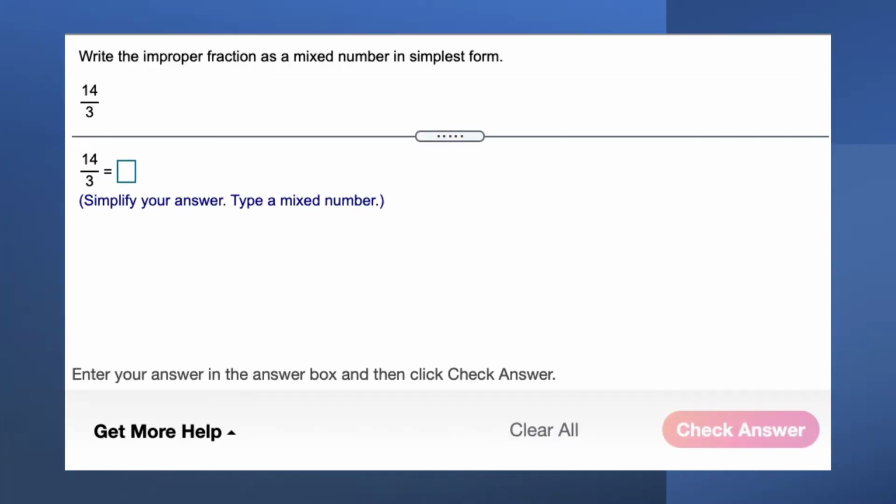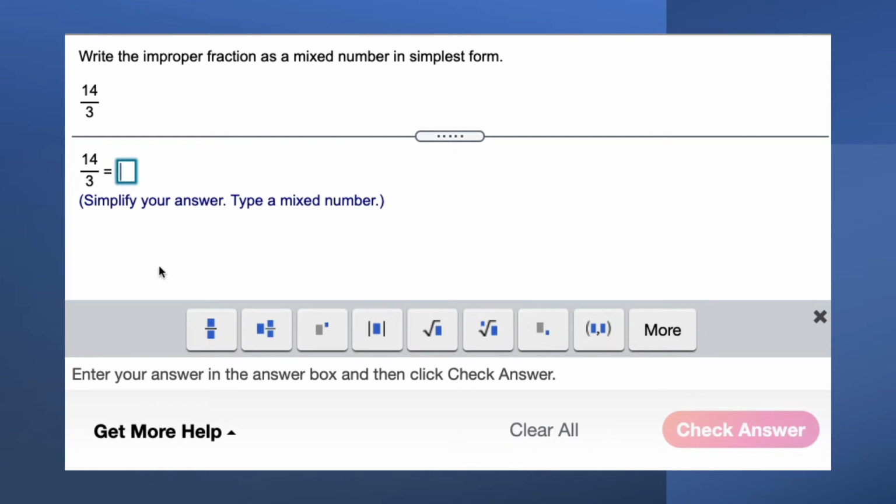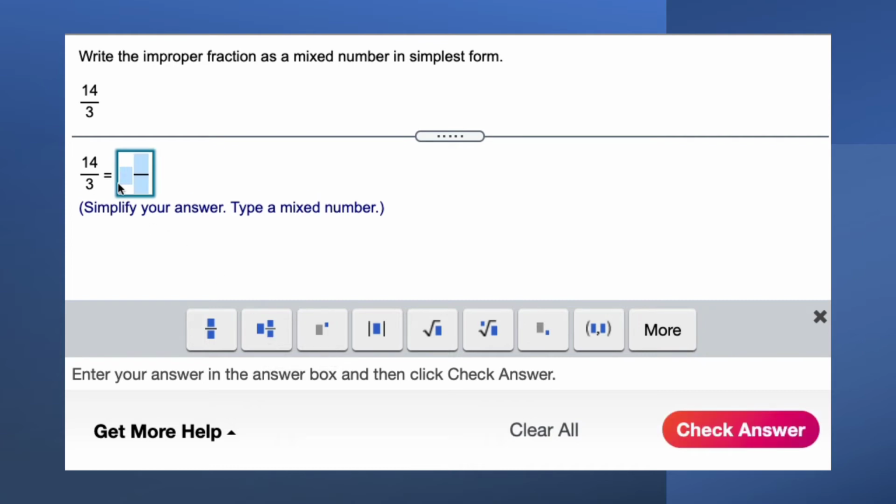The answer to this question is a mixed number. To type in a mixed number into MyMathLab, we'll put our cursor in the answer box and select the mixed number template in the math toolbox. This is the second button from the left. In the box outside, or to the left of the fraction, we'll type in the 4.